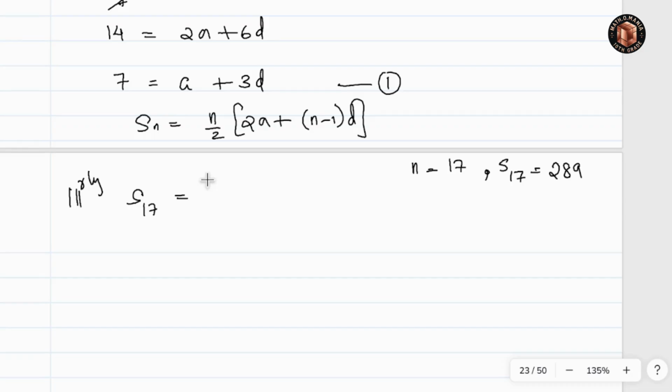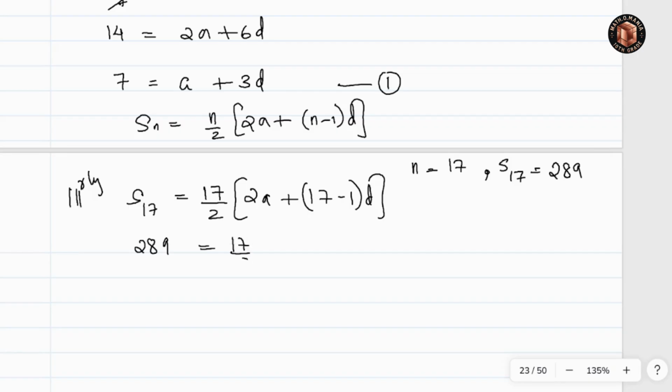Therefore, S17 equals 17 by 2 into 2 into a plus 17 minus 1 into d. S17 is equal to 289. Then that equals 17 by 2 into 2a plus 16d.